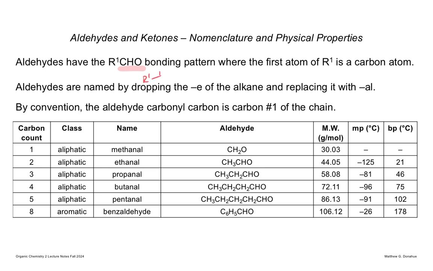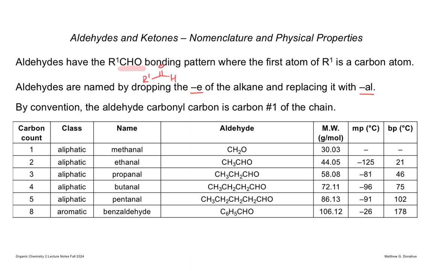Again, R is the rest of the molecule, and then the aldehyde CHO is by necessity at the terminus of the carbon chain. So the carbonyl has an H and a carbon bonded to it. For the nomenclature, you take the parent chain of the alkane, you drop the E and add Al, that indicates aldehyde.